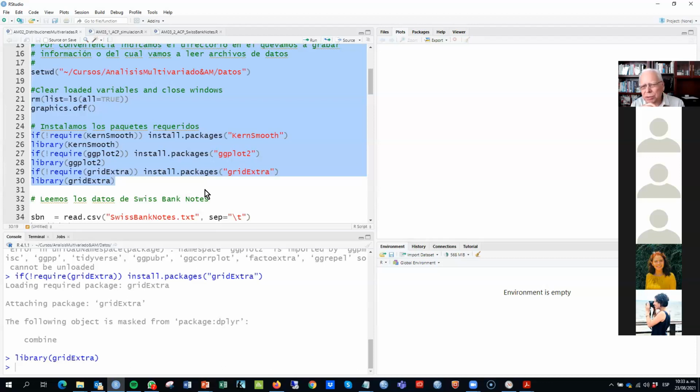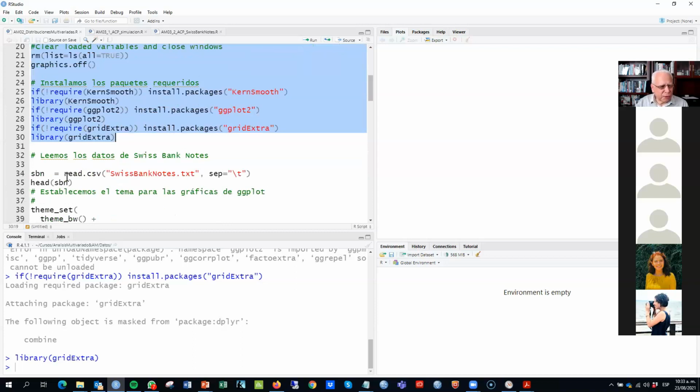In the Swiss bank notes, it's separated by tab. So if you go to line 35 in the script and run all that, I already installed the packages.